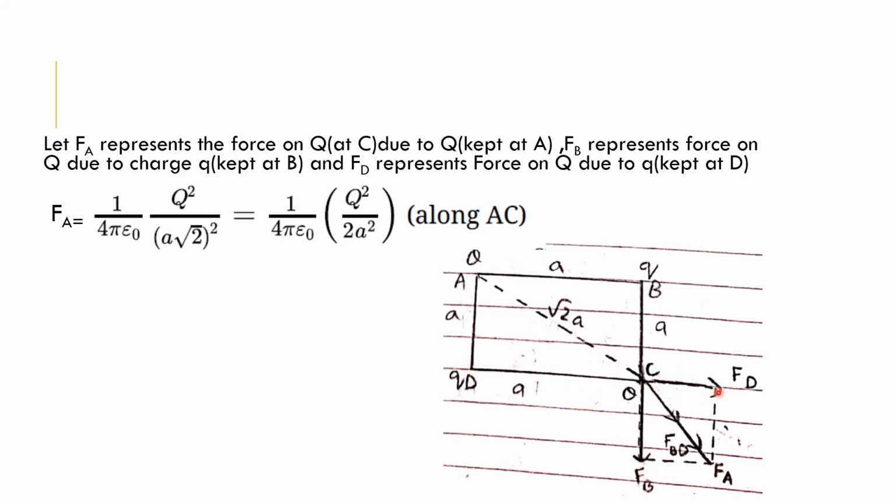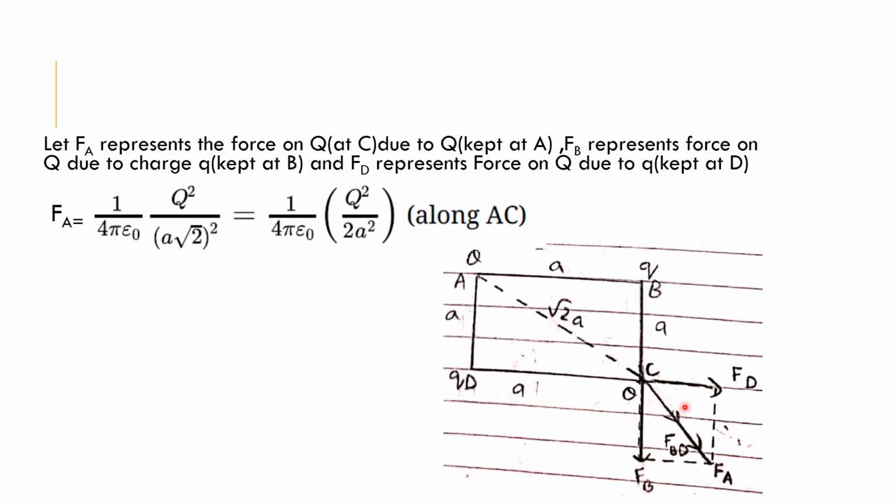All three forces are repulsive, moving away. Now the FD direction is along the X direction, the FB direction is along the minus Y direction, and for FA this is the direction. Now we have to find the resultant of FB and FD because they are making an angle.